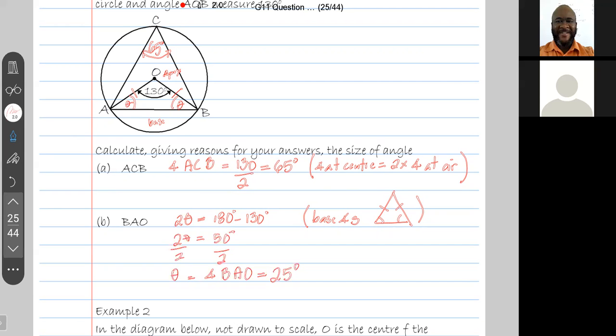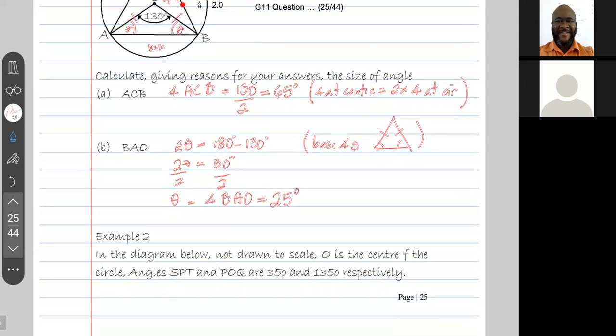In example 2, we're told that in the diagram below, not drawn to scale, O is the center of the circle. The angles SPT and POR are 35 degrees and 135 degrees respectively. In other words, the angle at P and the angle at O are 35 and 135 degrees respectively.